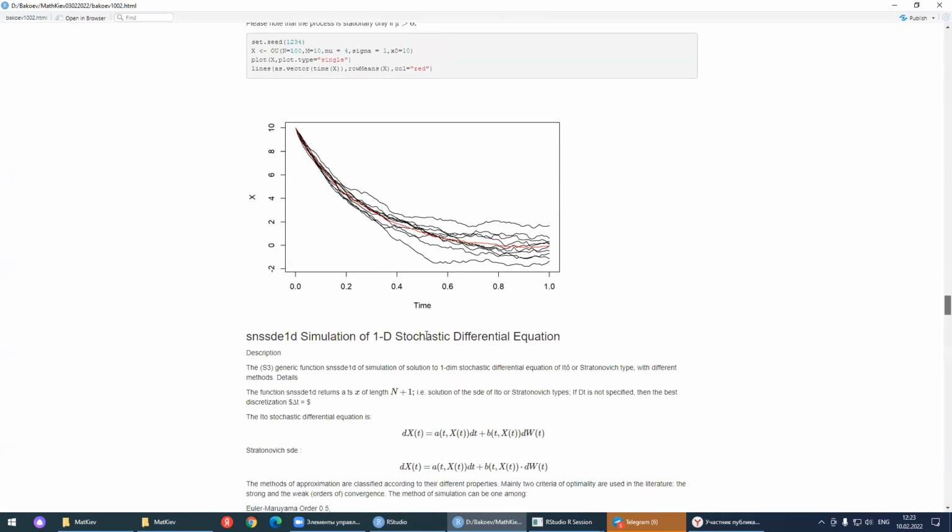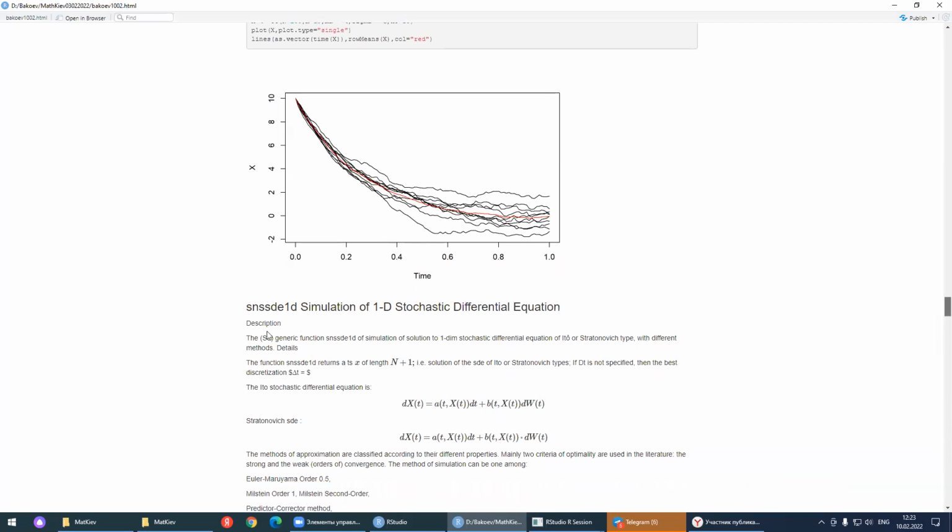Now I will go to simulation of a one-dimensional stochastic differential equation using R. We call this function SDE, the name of the function for simulation.